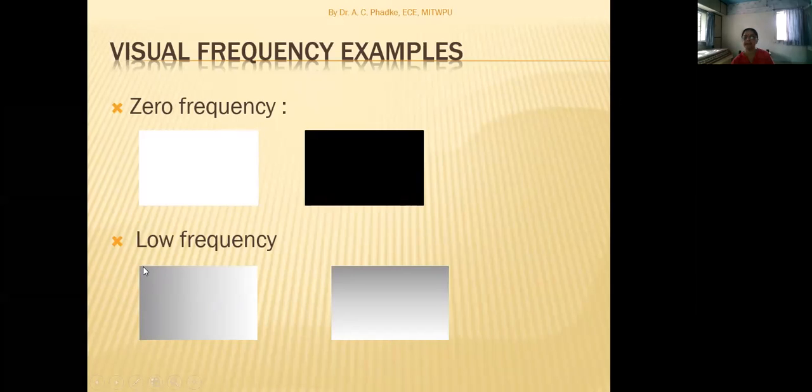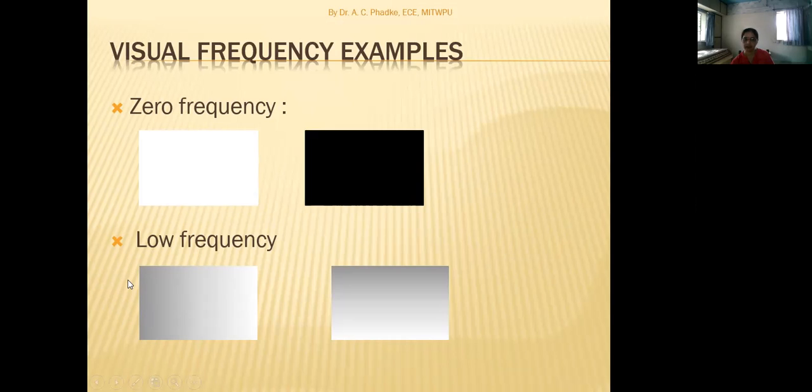So for the frequency variation along rows for the first column, frequency content is 0, because there is no variation along the rows, and this is true for all other columns in this particular image.